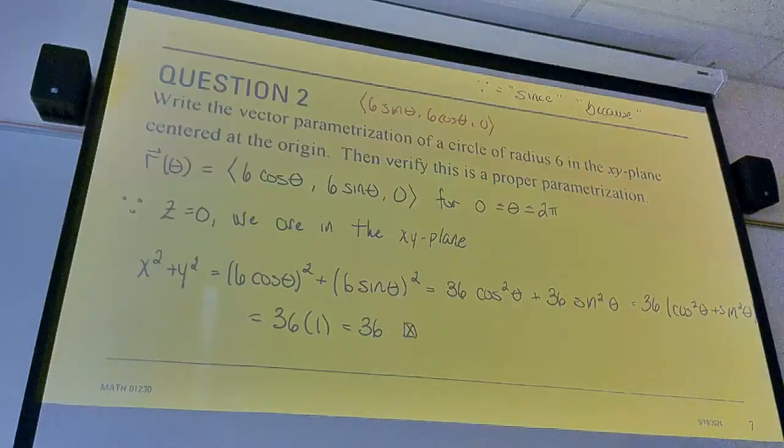One that's less obvious. That actually would work. That would give me a semicircle.